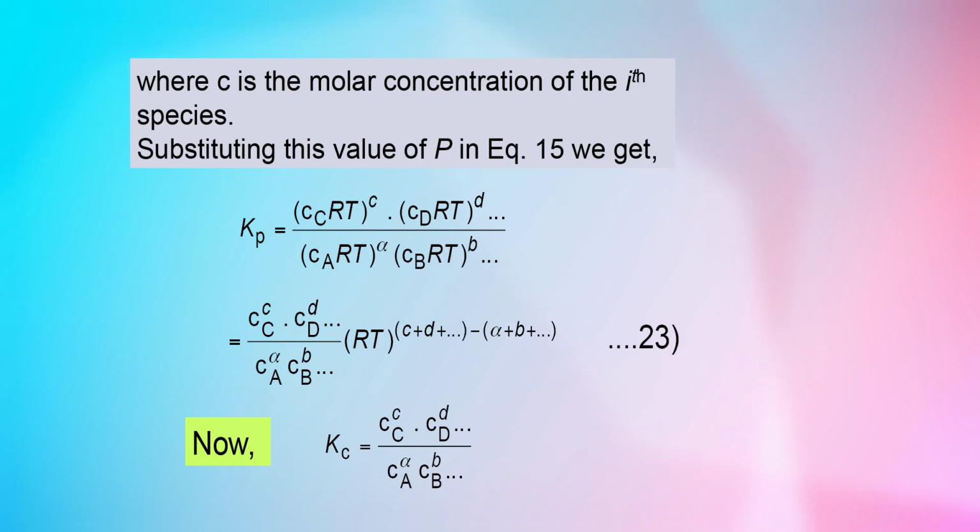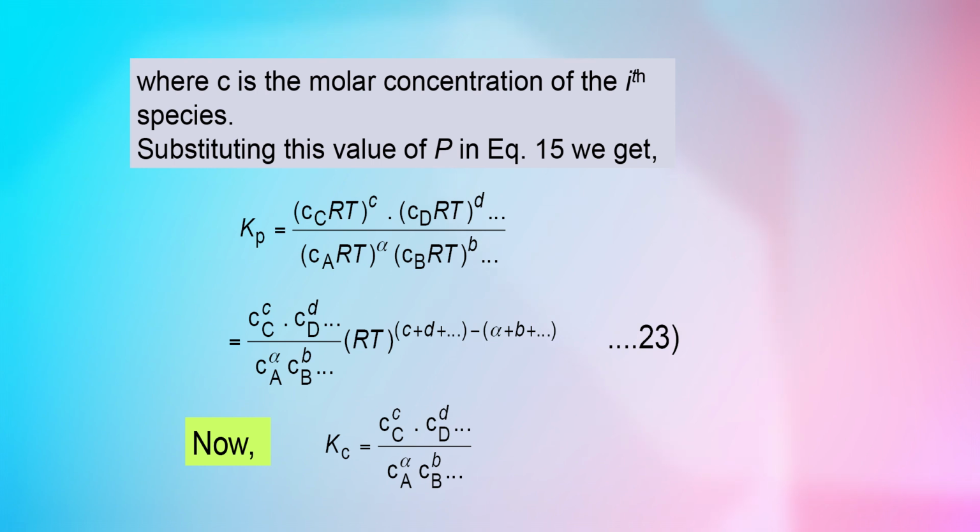You see the C here is nothing else but the molar concentration, and the subscript C and the superscript C, do not be confused, that they represent the element, the product C, and the superscript C is the stoichiometric coefficient.